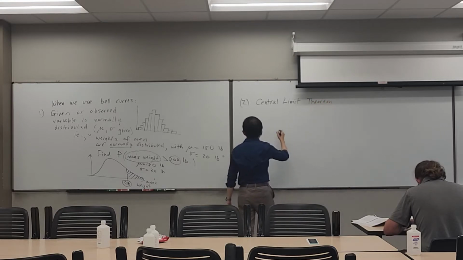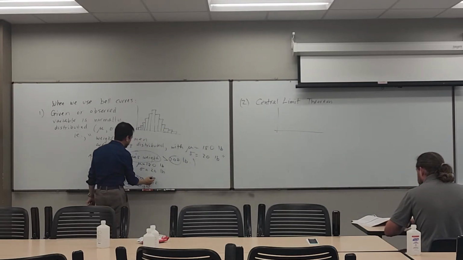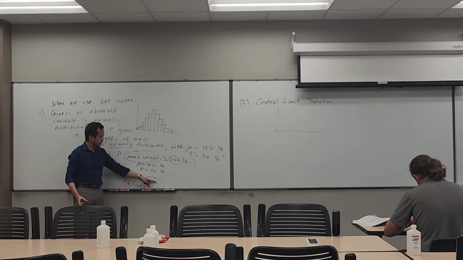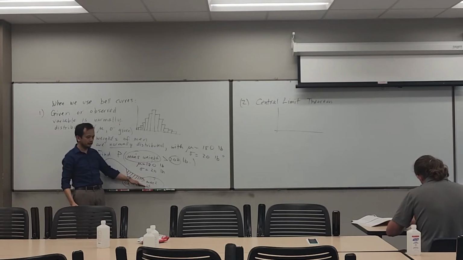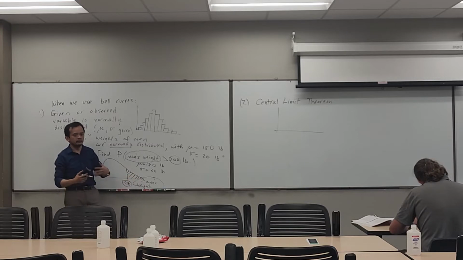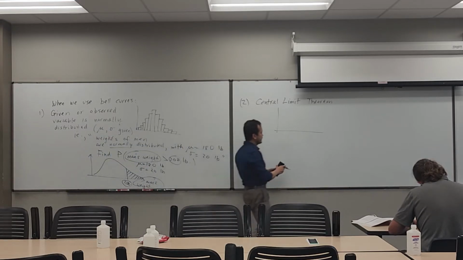So the central limit theorem says that if you have a variable that you're looking at the distribution for, and that variable isn't individual values, like the individual value of the weight of each man, but representing a sample mean.